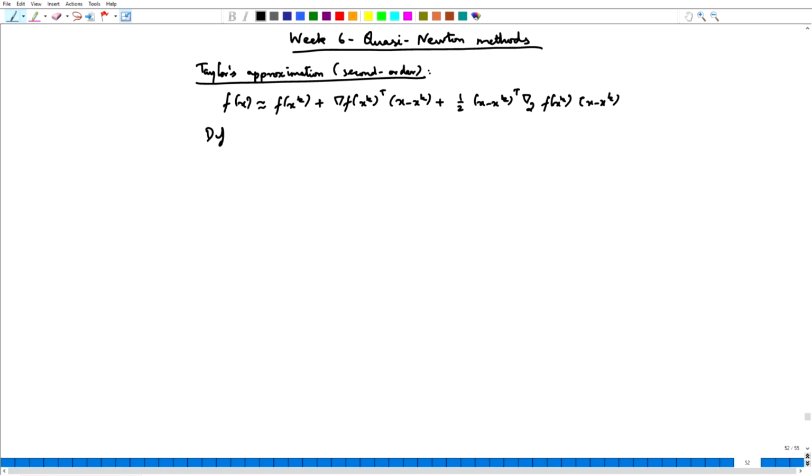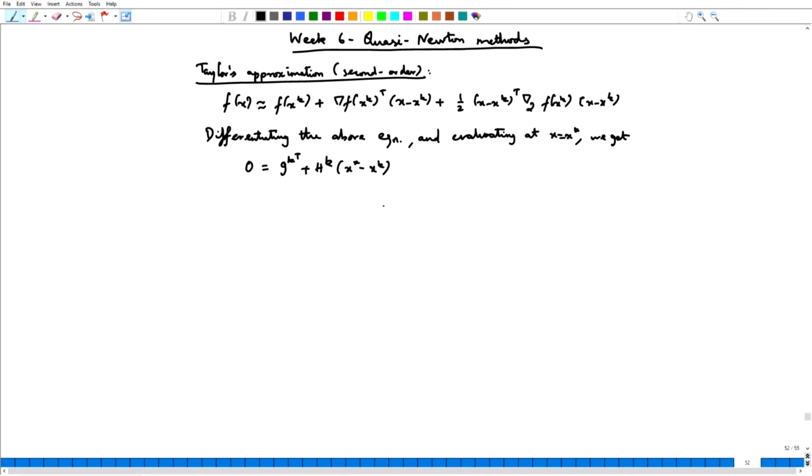So, differentiating the above equation and evaluating at x equal to x star, we get, so that is del f of x star, that is 0, which is g k transpose, this is 1 and this is h k into x star minus x k, right.